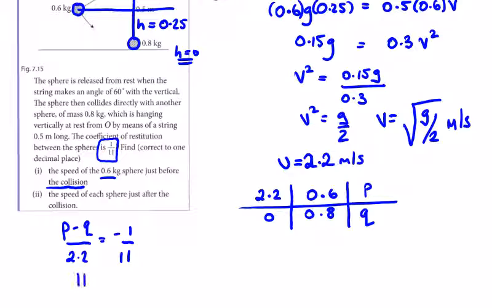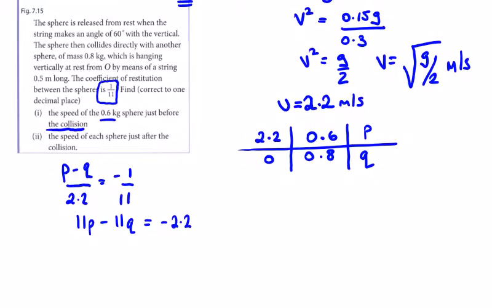So we're going to get 11P minus 11Q is equal to minus 2.2. Now 5 2.2s is 11, so I could divide by 2.2 to get 5P minus 5Q is equal to minus 1.